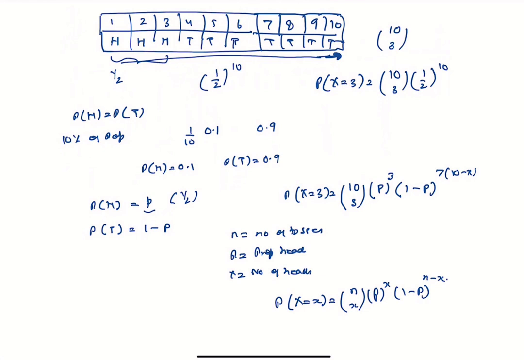And this is also the probability mass function, f of x, for a binomial distribution. And since this is a probability, the sum of f of x is going to be 1.